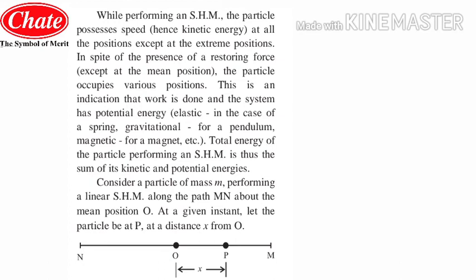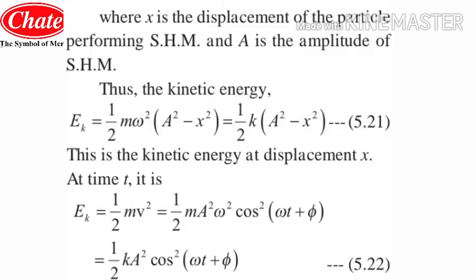Now at a given instant of time, let the particle be at P, at a distance x from its equilibrium position, that is, from the origin. Now students, the velocity of the particle will be given as a omega cos omega t, where x is the displacement of the particle performing SHM and a is the amplitude of the SHM.